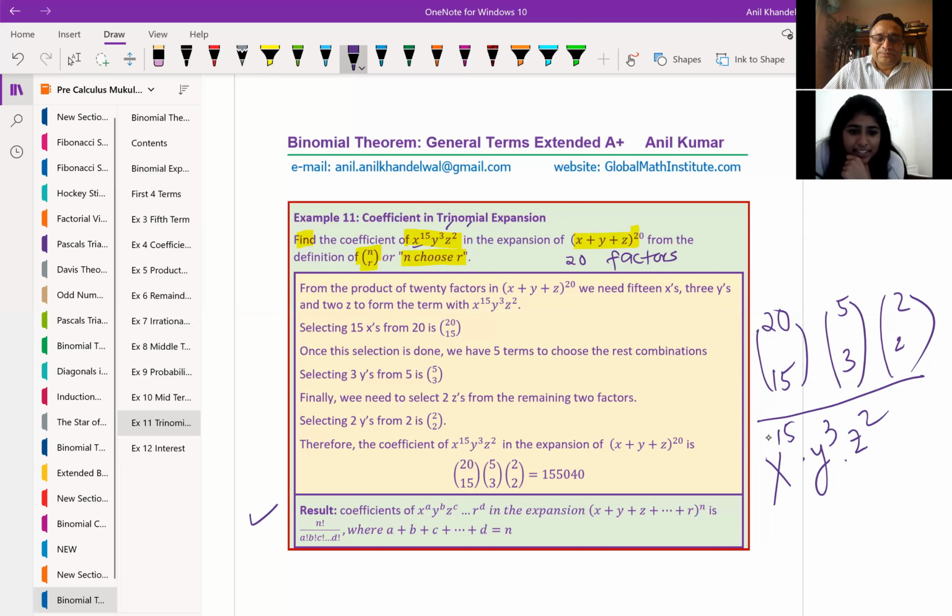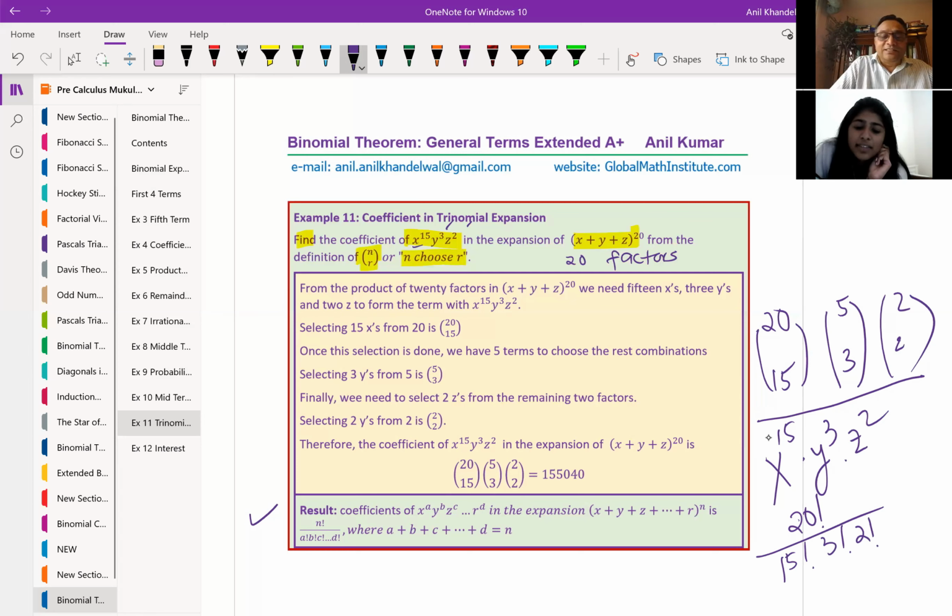Coefficients of x to the power of a, y to the power of b, z to the power of c, and r to the power of d in the expansion of x plus y plus z plus so many terms until plus r to the power of n is n factorial over a factorial times b factorial times c factorial times d factorial, where a plus b plus c plus all terms plus d equals n.